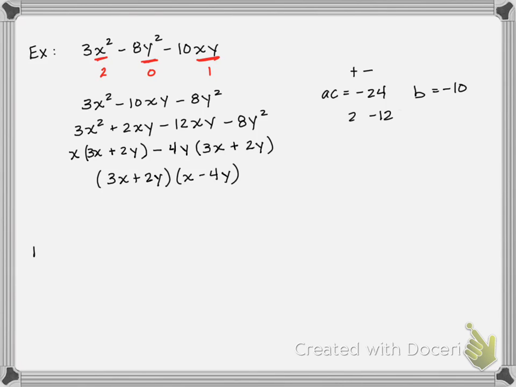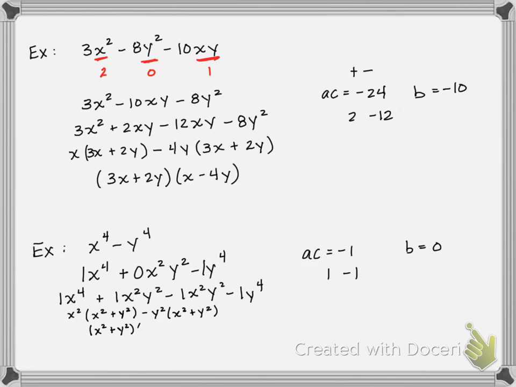So then if I wanted to factor x to the 4th minus y to the 4th. When you have something with two variables and it doesn't have a middle term, it factors as x squared plus y squared times x squared minus y squared. Okay, here's the big question. Are we done?